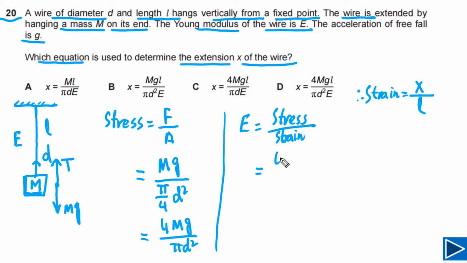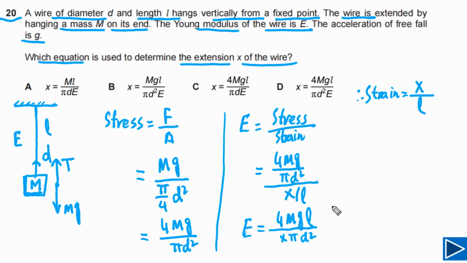Now we need to plug in values. For stress we write 4 mg divided by pi d squared, and this whole has to be divided by strain, which is simply x over L. Now if we simplify, this is 4 mg, this L we multiply here, and this is divided by x pi d squared times E. Now we need to find the value of x, meaning extension.